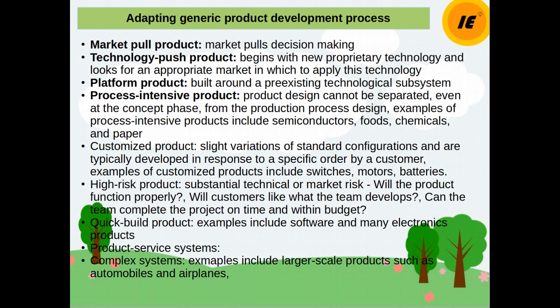Huge investments are made in developing such platforms, and therefore every attempt is made to incorporate them into several different products. In some sense, platform products are very similar to technology push products in that the team begins the development effort with an assumption that the product concept will embody a particular technology. One difference is that a technology platform has already demonstrated its usefulness in the marketplace in meeting customer needs.